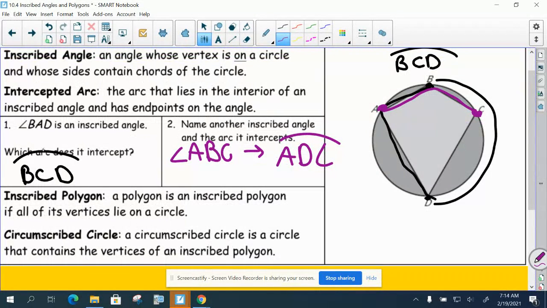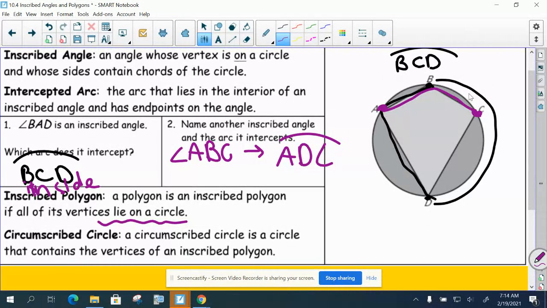Okay, an inscribed polygon is a polygon where all the vertices lie on the circle. You can think of it like an inside polygon, with all of the vertices of the polygon on the circle. So A, B, C, D, that would be an inscribed polygon. And then a circumscribed circle is a circle that contains the vertices of an inscribed polygon.